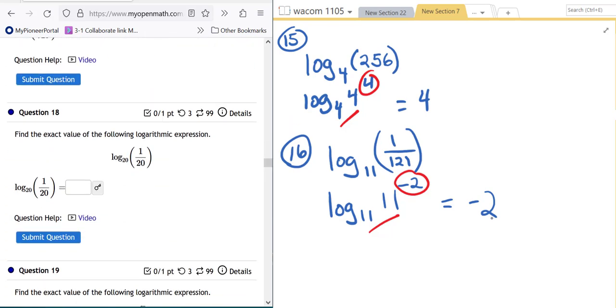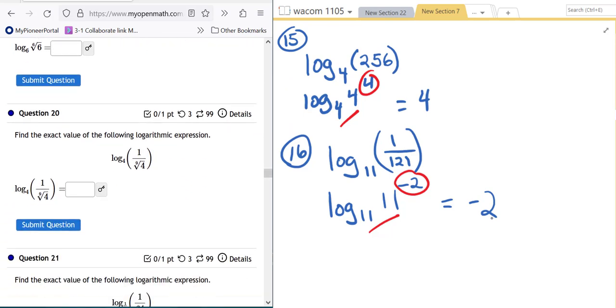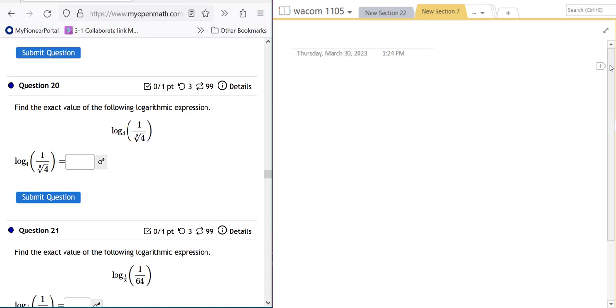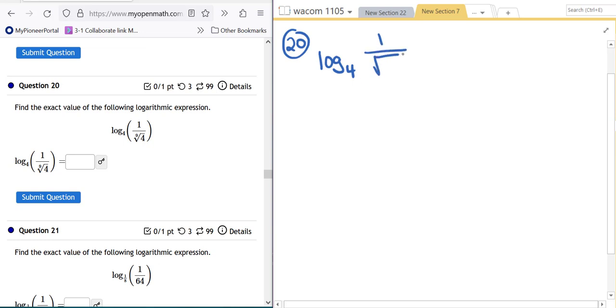Then I went down to number 20. We have the log base 4 of 1 over the ninth root of 4. We want to write this expression in terms of 4 to a power.